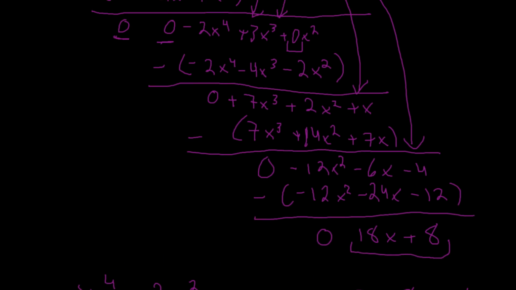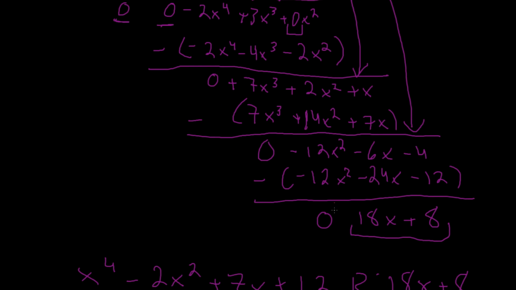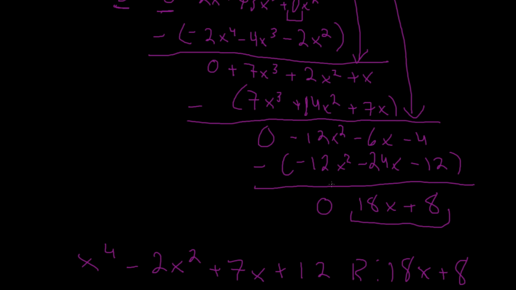And we know that we're done and that we have the remainder because we no longer have an x squared value to plug in up here. We've got it down to a constant, and there's nowhere to go from here because there's no x squared value here in this bottom. So I hope that explained a lot for you guys.